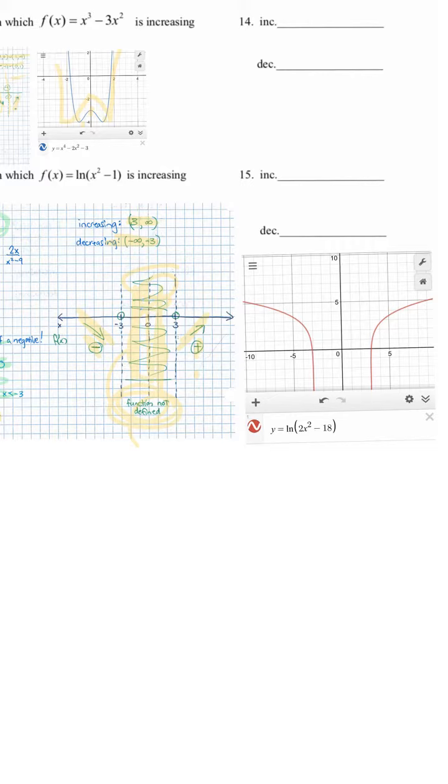So I did end up graphing that same function in Desmos, and you can see this big gap between -3 and 3. You can see that it's decreasing on the left side, and then it's increasing on the right, just as I predicted with the algebra and the calculus. So that's it for the 4th page of that packet.